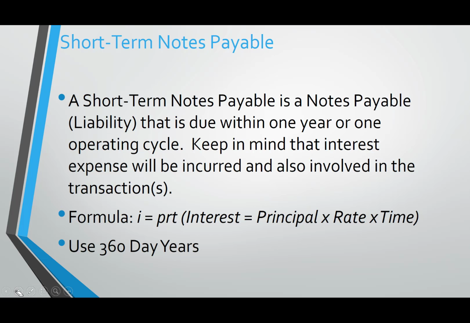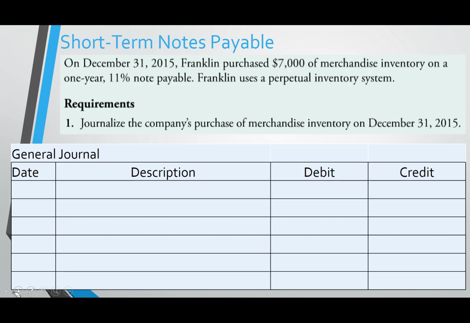So we have some issues to address. Remember, our formula that we'll use in this particular case will be I equals PRT, and I equals PRT stands for interest equals principal times rate times time. And for these problems, you want to make sure that you use 360-day years. So let's take a look at a problem here and see how we do.